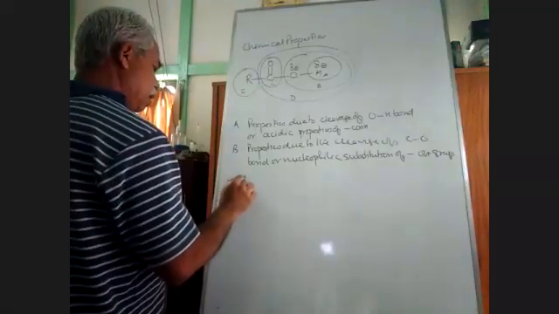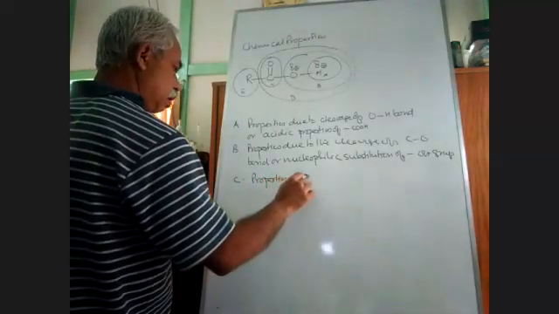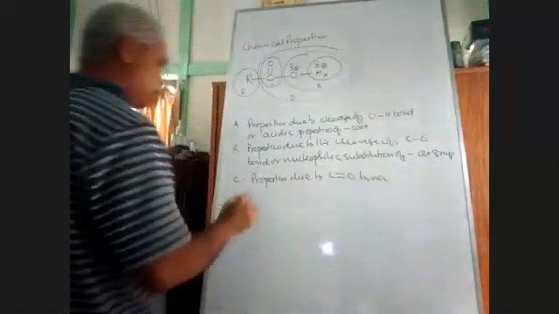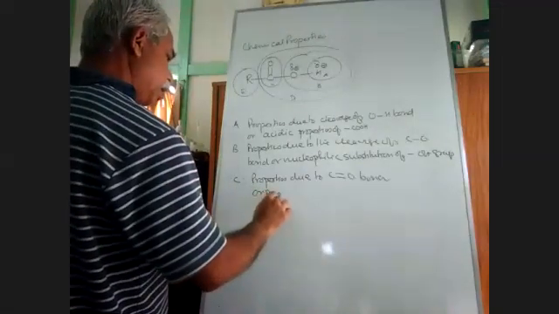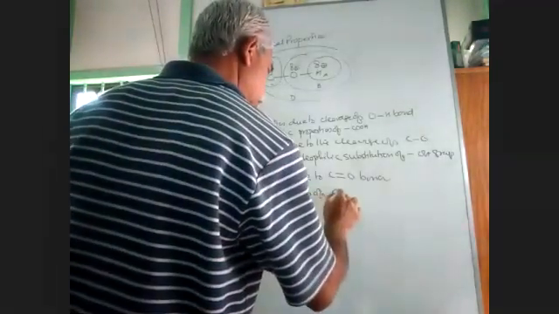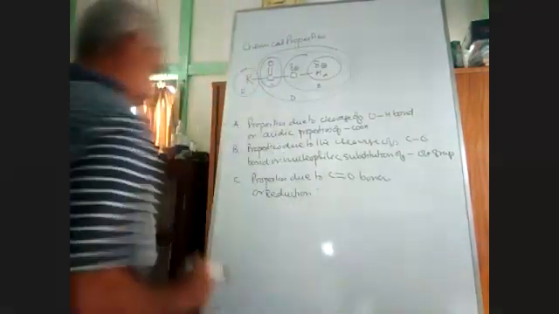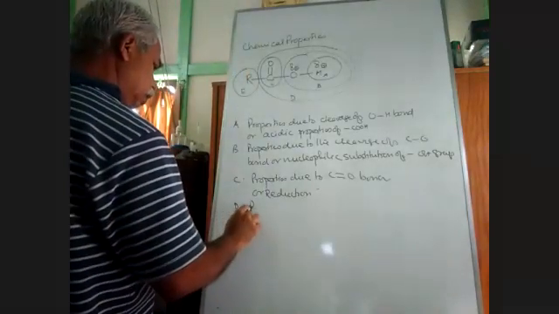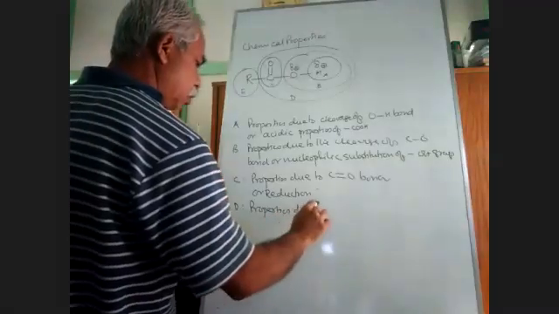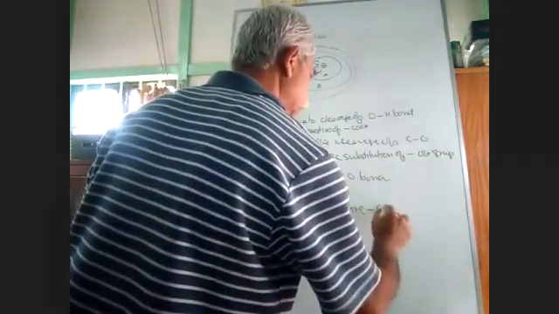Then we'll write here C: properties due to the carbon oxygen double bond, or we'll write reduction of carboxylic acid, carboxylic reduction. D: properties due to the entire COOH group.